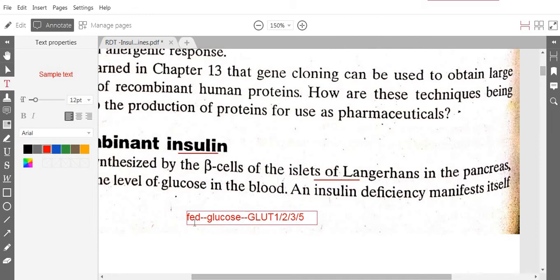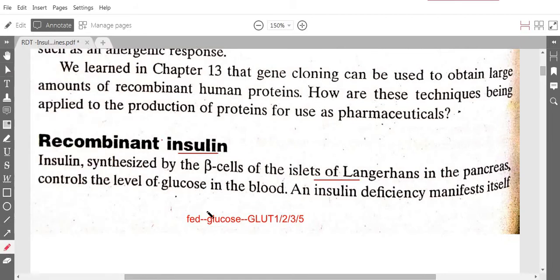So if a person is in fed state, the blood glucose level increases, and in that case the beta cells of the islets of Langerhans of the pancreas will produce the insulin hormone, and the function of insulin is to transfer glucose from blood to the cell cytoplasm. As a result, we can initiate the glycolysis process and ultimately generate some amount of energy.